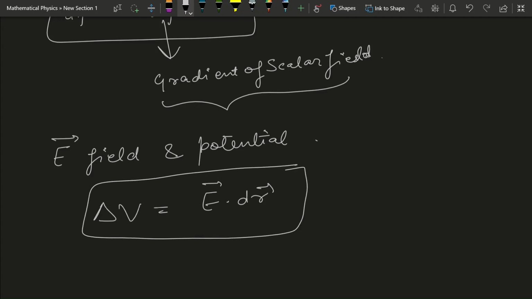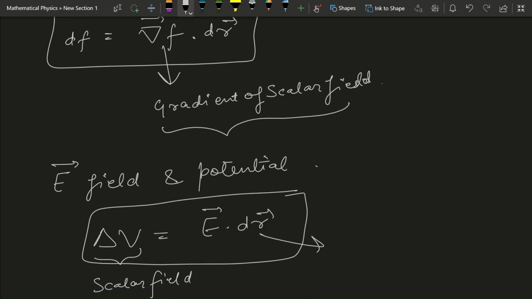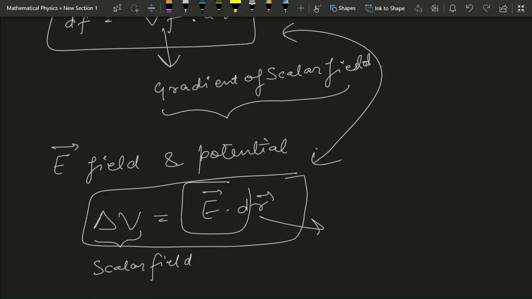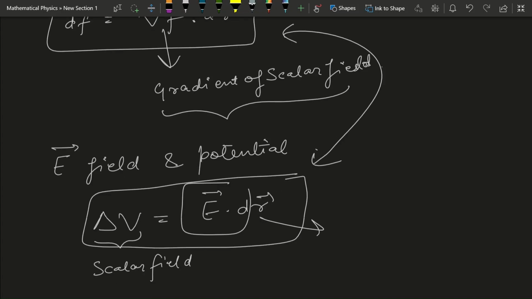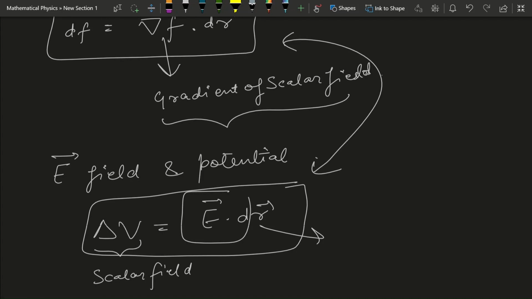That's how we define the change in potential. So this is a scalar field, and these two expressions are identical. So electric field is actually a gradient of potential. That's the physical significance of a gradient of a scalar field.